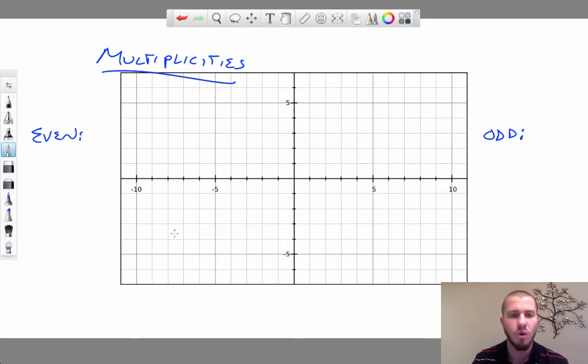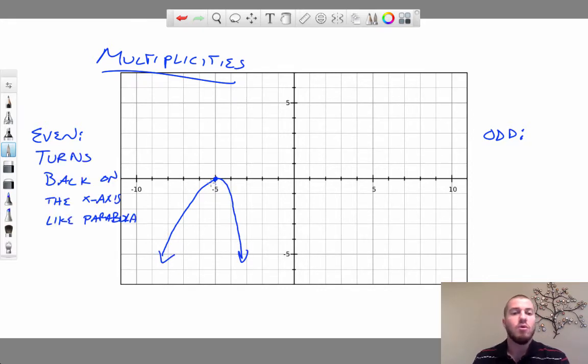So what the graph does when it's even, is it will hit the x-axis and turn back the other way. And it will look similar to a parabola, okay, for that section of it where it hits it, touches it, and turns back. The odd makes really kind of two turns on the x-axis and goes through.